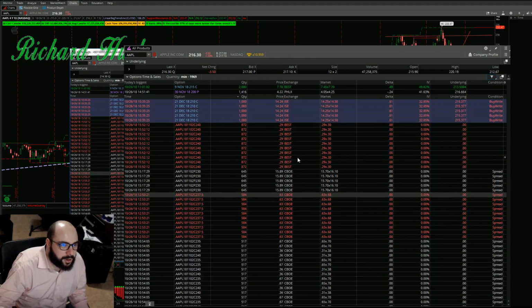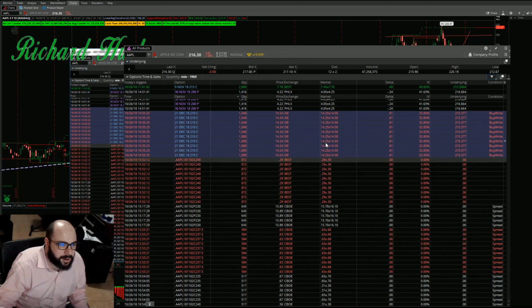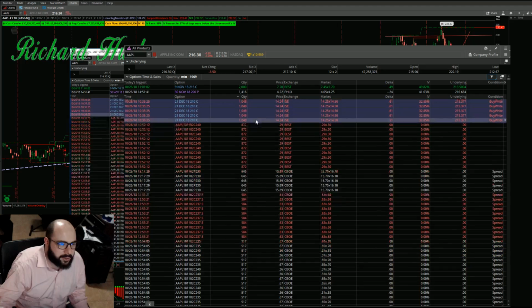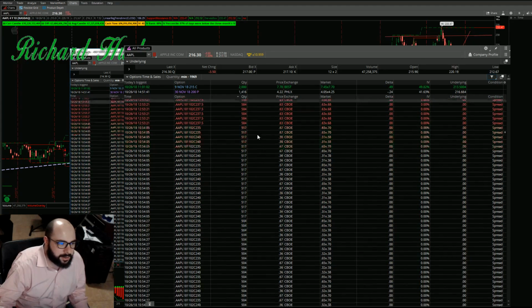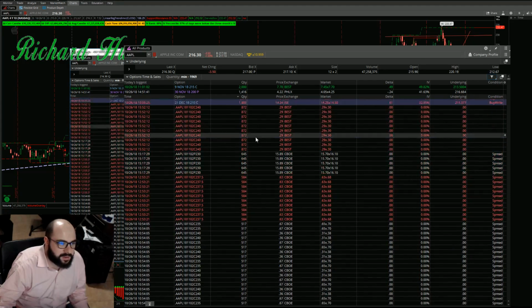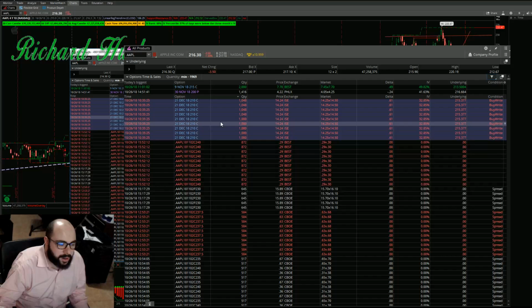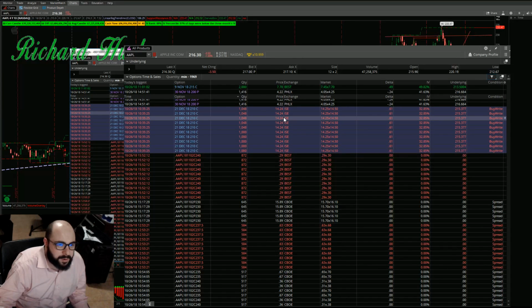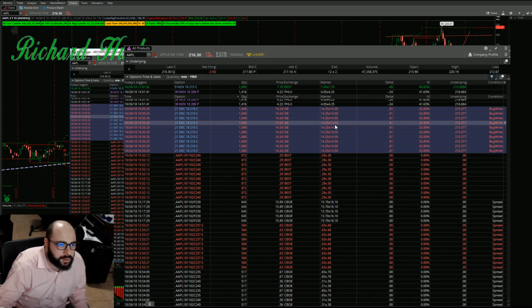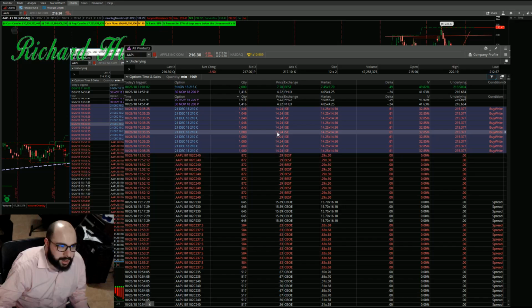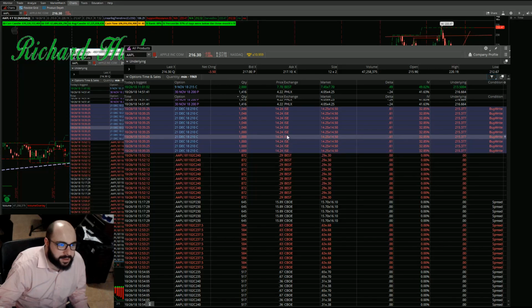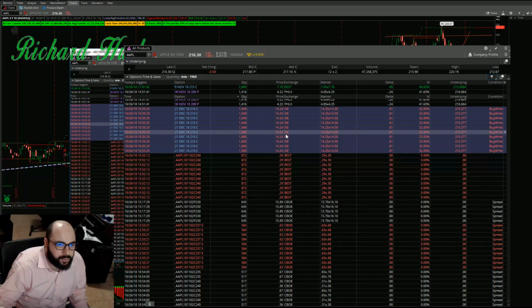So there's this giant buy right here, which is kind of a bearish indicator, okay, and that puts us under 210, which means that they're looking to have insurance up to 210.